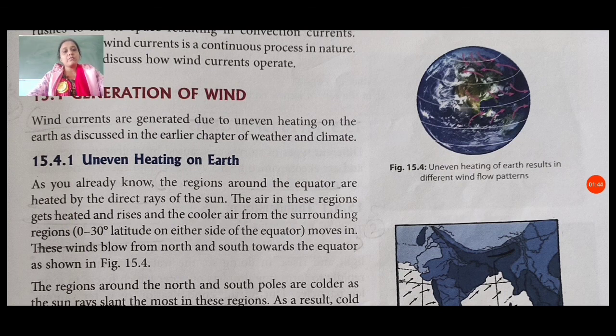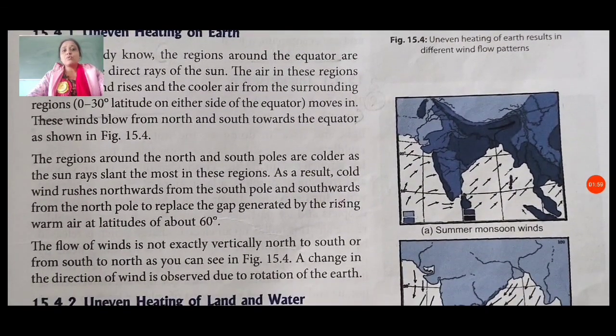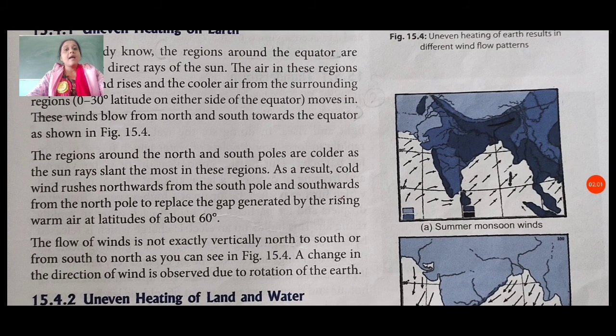Here we have figure 15.4. You can see here that uneven heating of the earth results in different flow patterns. The regions around the north and south poles are colder as the sun's rays slant the most in these regions.